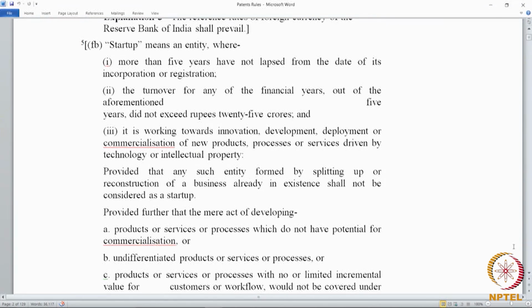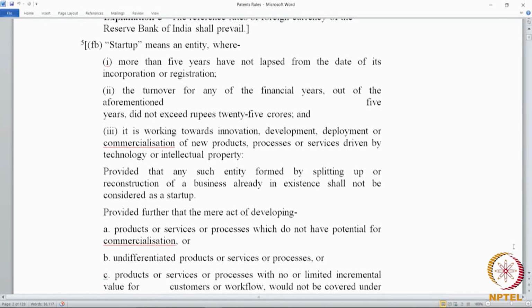Now, this could technically be treated as a startup because it works towards innovation in the education sector and it produces new products, processes or services, being education delivered online, driven by intellectual property, because all the content that is delivered can be protected by copyright.